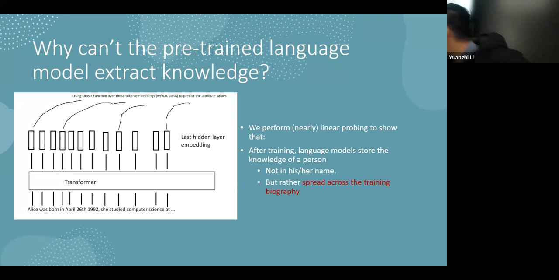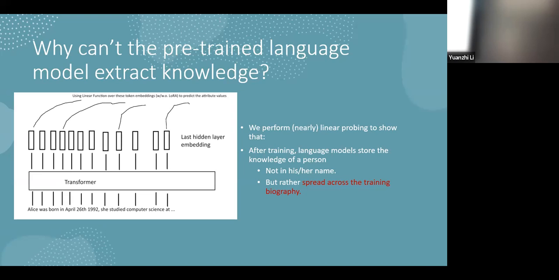Ideally we want the knowledge of Alice to be stored on this particular token embedding. Right, we want it to be stored in here. But think about the next word prediction objective. It doesn't really need to store the knowledge of Alice here because it doesn't need to predict, for example, the birthday of Alice until it sees this "in".